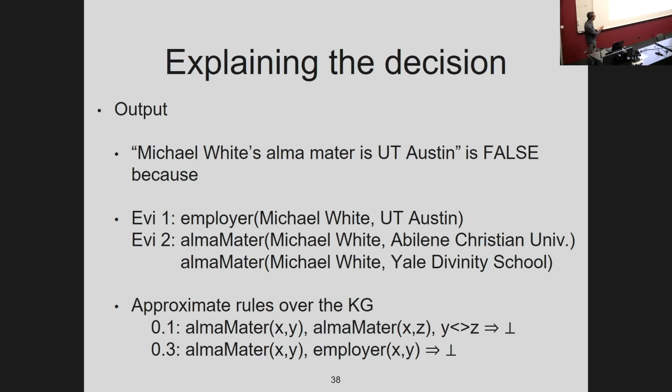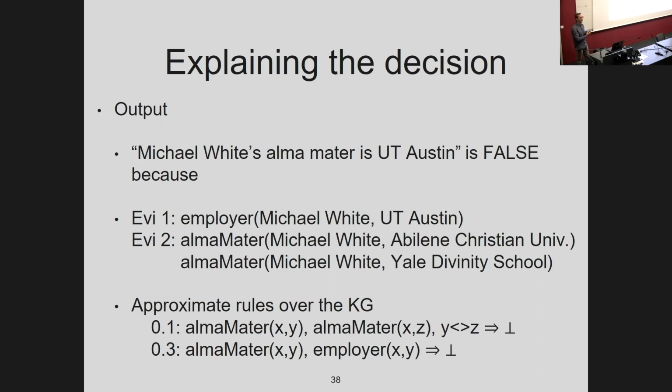It may be a signal that something is wrong. If you can instantiate this, maybe one of the two triples is incorrect. Another example is if you work in the place where you got the alma mater. If you find this pattern for a certain X and Y, then it's likely to be a contradiction with a certain probability.